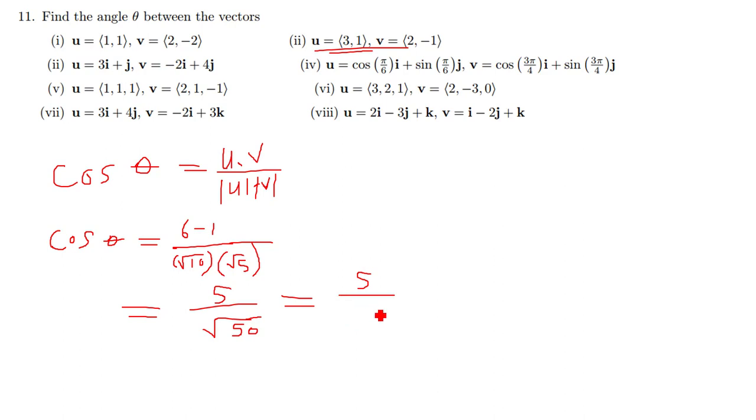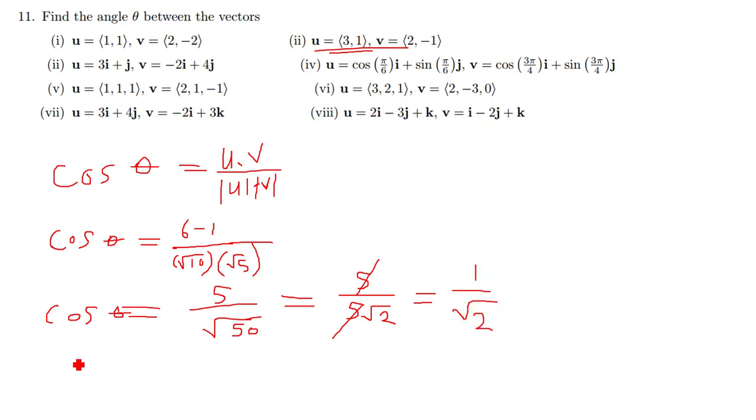So you can say 5 root 2. So you can see that that 5 and that 5 can cancel. And then of course this side was still cos theta. So we have just remained with 1 over the root of 2.